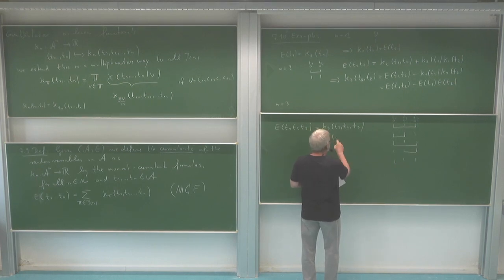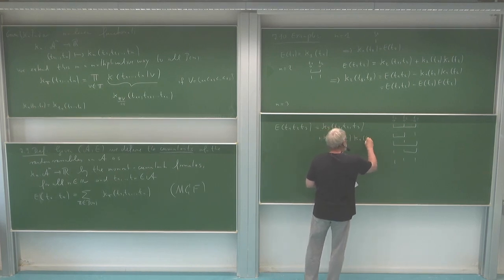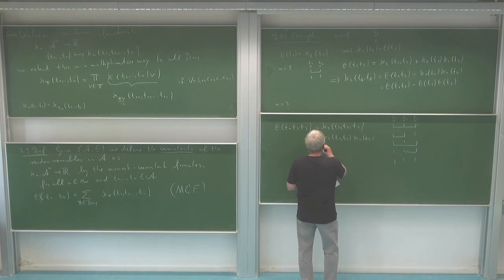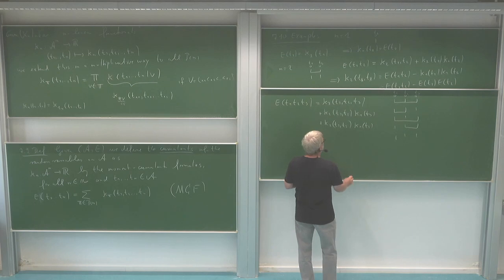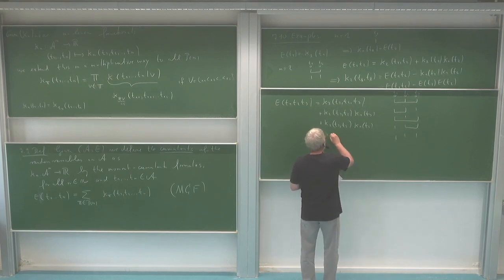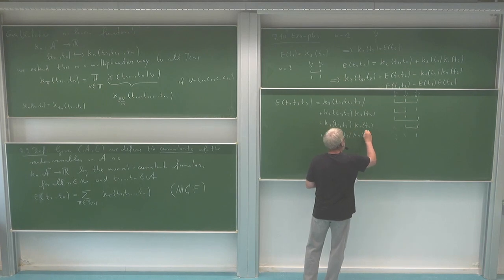So here I'm taking together T1 and T2, and then multiply it with T3. Next, I take together T1 and T3, multiply it with T2, and then by this one, I have 2 and 3 together in 1 block, and 1 is alone.